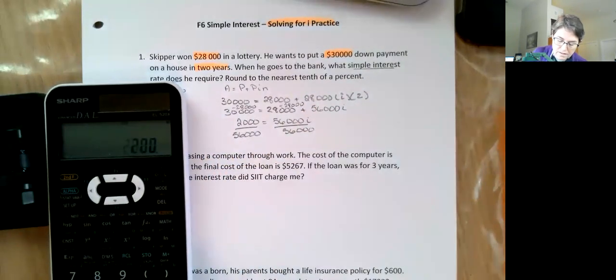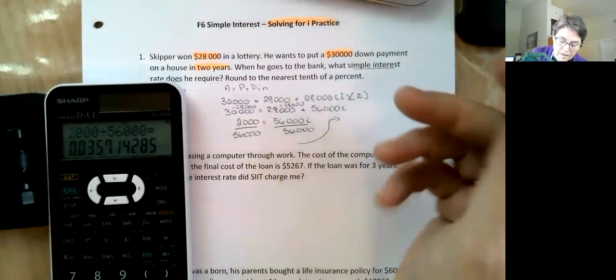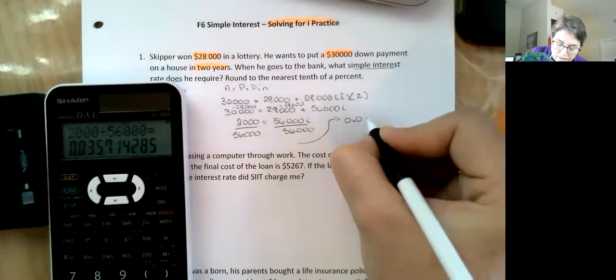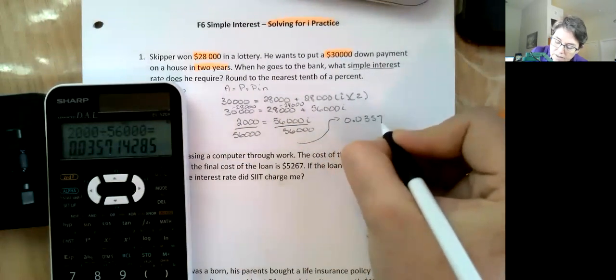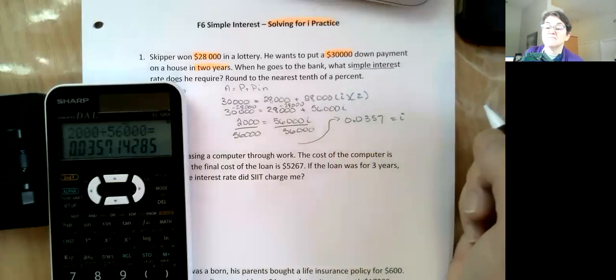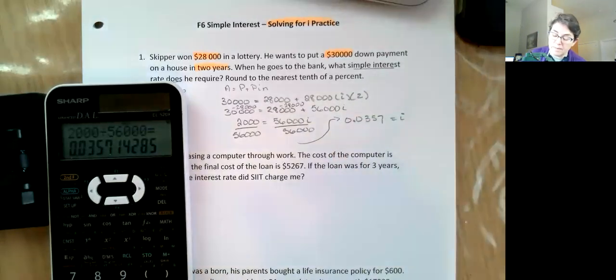2,000 divided by 56,000. Oh my. 0.0357. I just randomly picked. I wrote some. I know it's more decimal places than I need, so I'll worry about rounding in a minute.